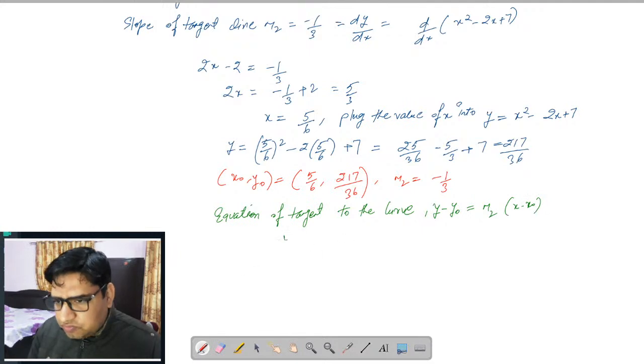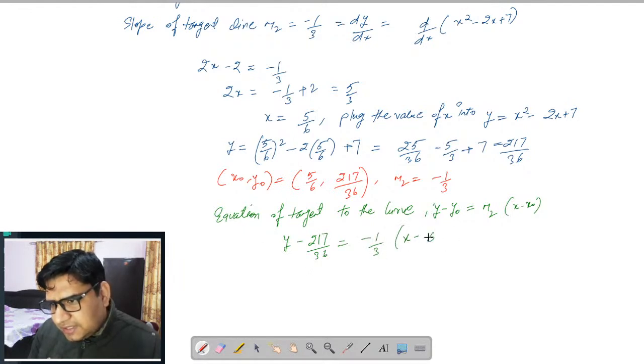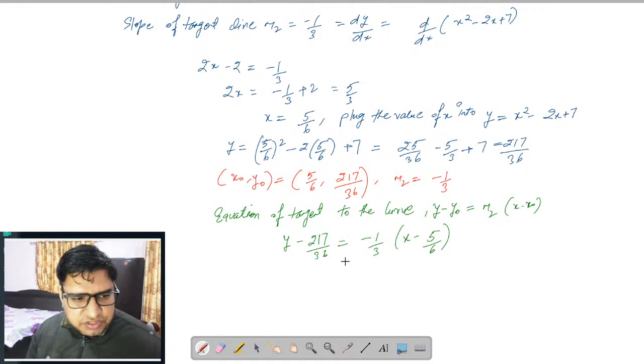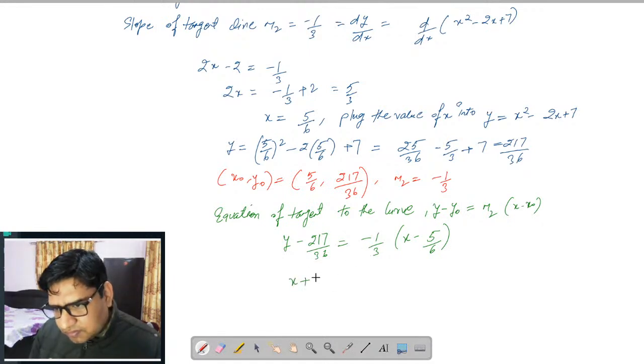Okay, so y minus y naught, how much will it be? y minus 217 upon 36 is equal to minus 1 upon 3 times x minus 5 by 6. And if we solve this equation further, it comes out to be x plus 3y is equal to 227 upon 12.